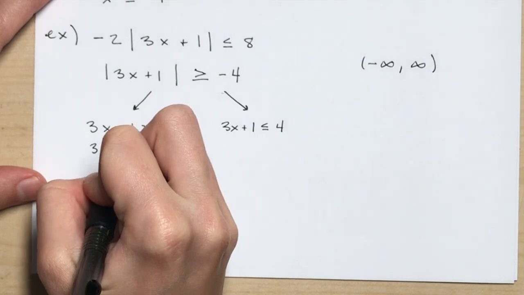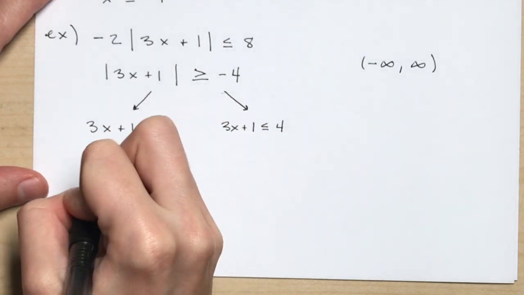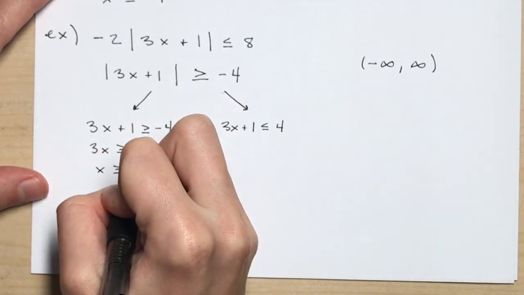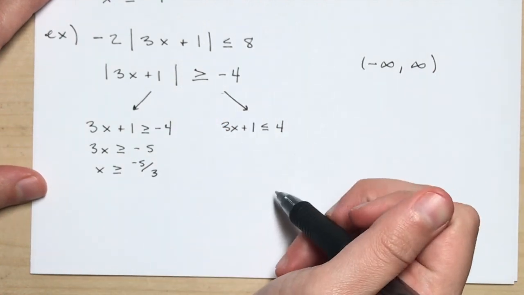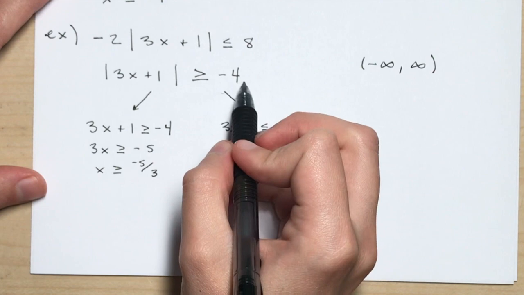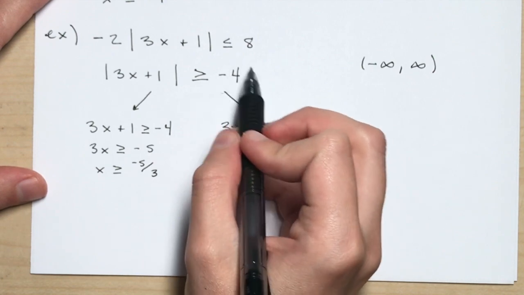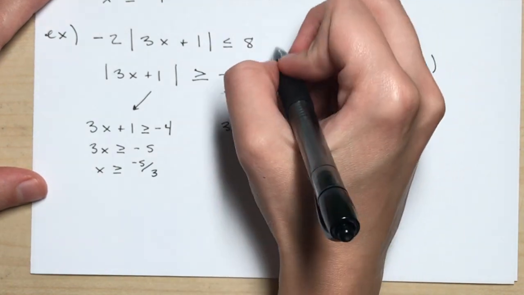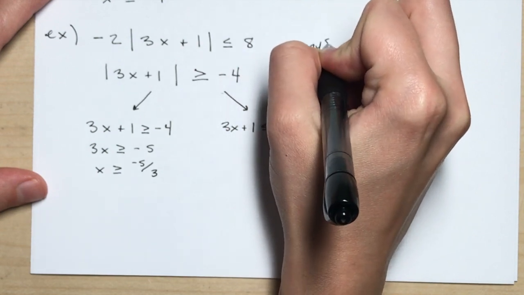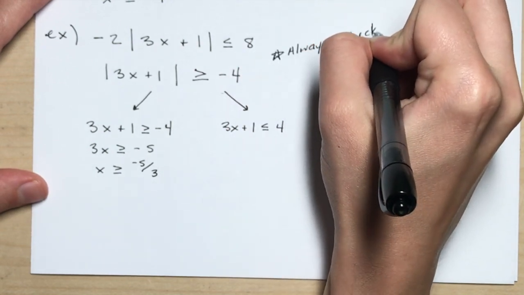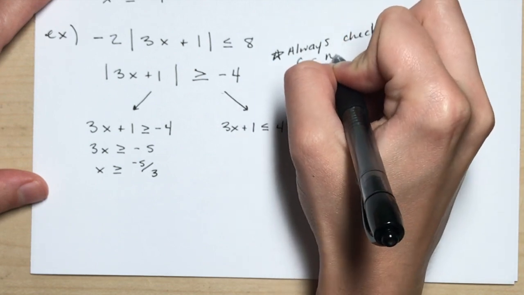We have 3x is greater than or equal to negative 5, so x is greater than or equal to negative 5/3. You don't have to write this down, by the way. If you can remind yourself, always check for negatives, and I'll write that here. Always check for negatives.